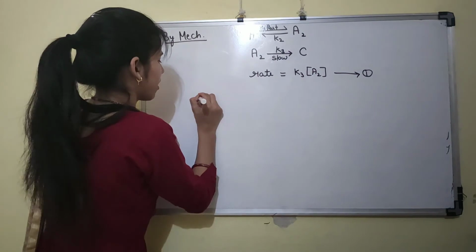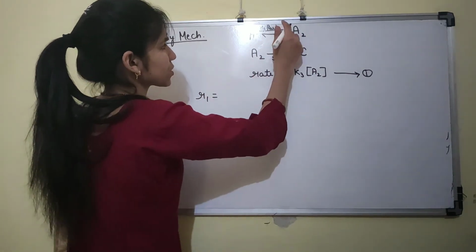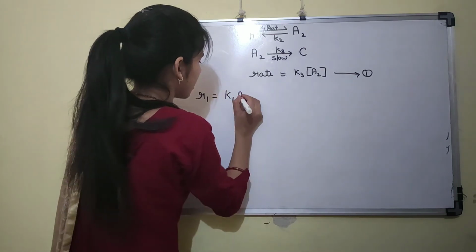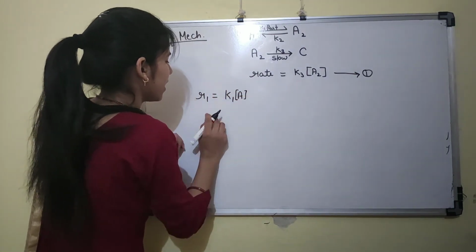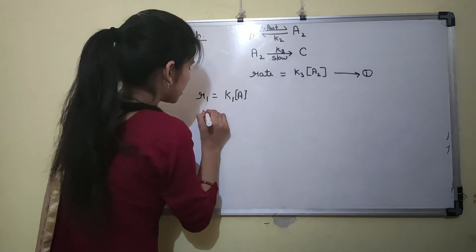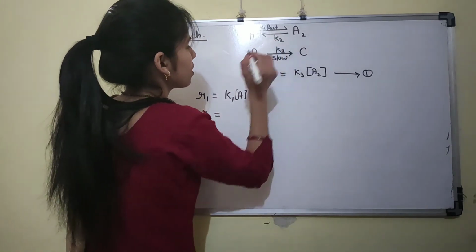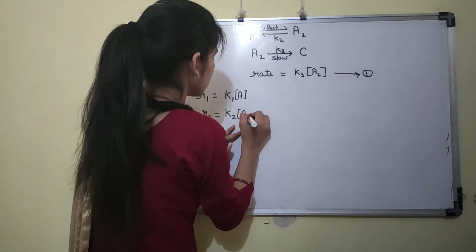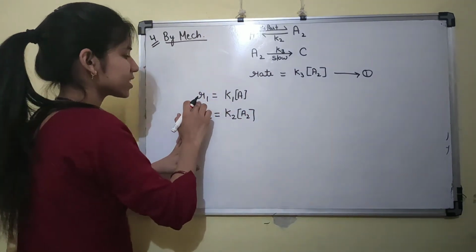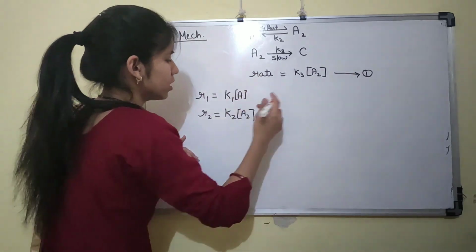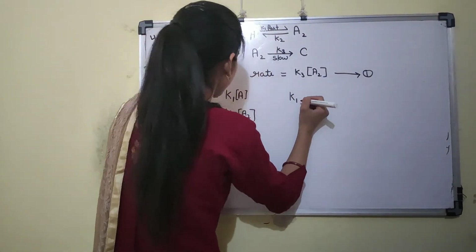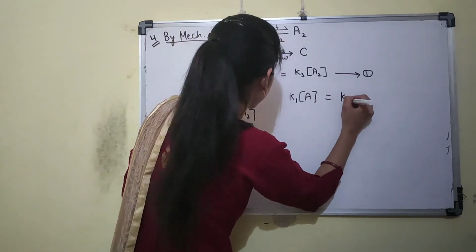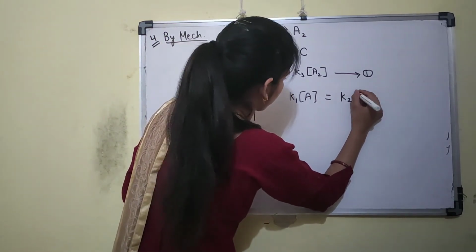From this, R1 is equal to K1 into A, and R2 is equal to K2 into A2, and in this R1 and R2 are equal, so K1 A is equal to K2 A2.